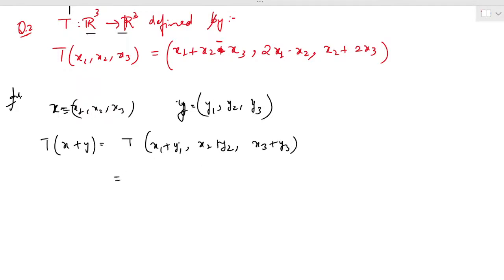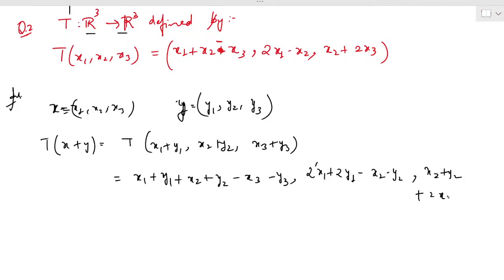It's quite obvious that the first one would be x1 plus y1, then x2 plus y2, minus x3 minus y3, comma, then 2 times x1 plus 2 times y1 minus x2 minus y2, and the third one would be x2 plus y2 plus 2 times x3 plus y3.